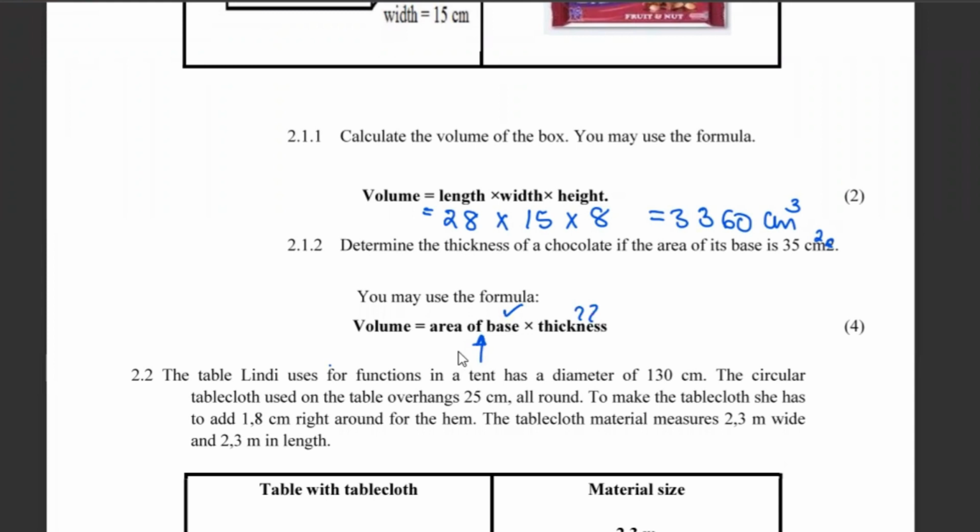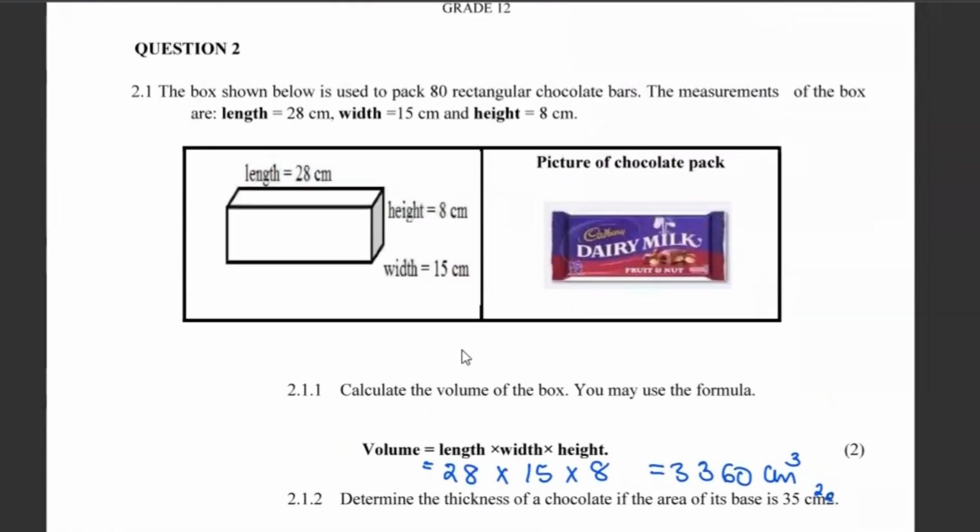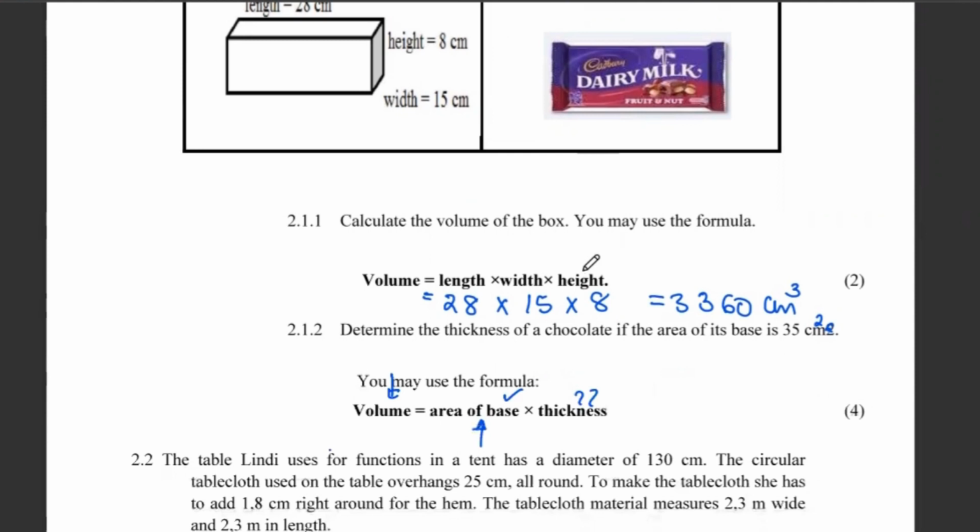This one is missing. What about the volume? So you will ask yourself, how are you going to get the volume? Remember in the scenario, it says the box takes 80 chocolate bars. So if the box takes 80, it has a volume of this much.